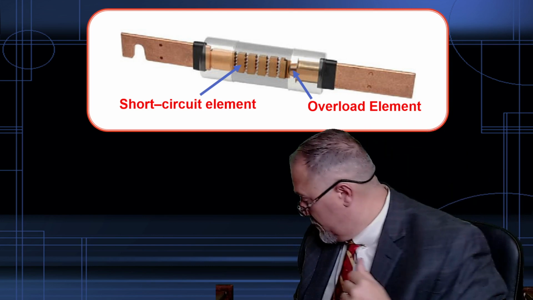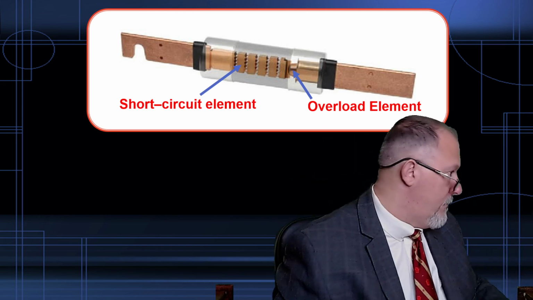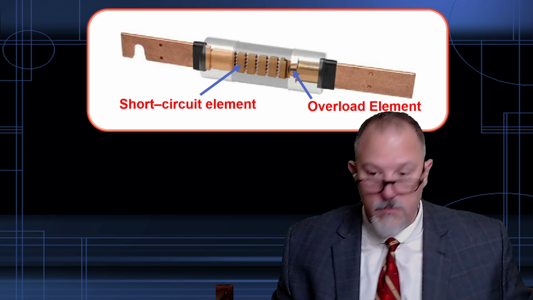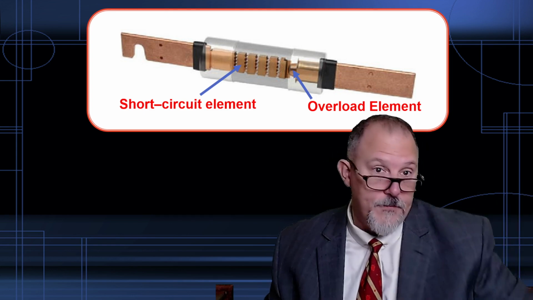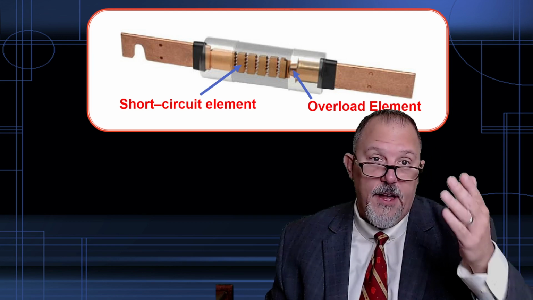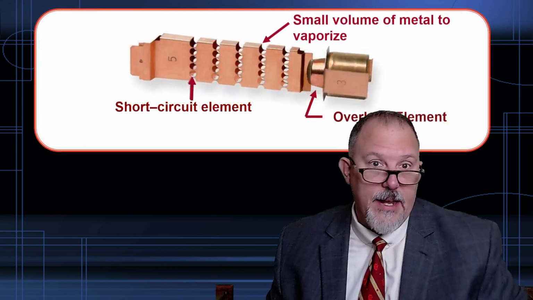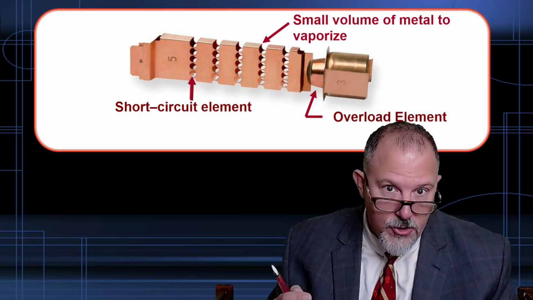I thought I had a see-through, but in any case, this is the device. This is how it does its work. And there's a little bit closer of a view.